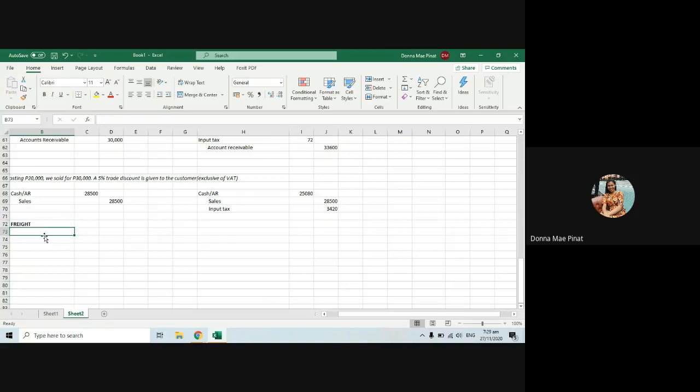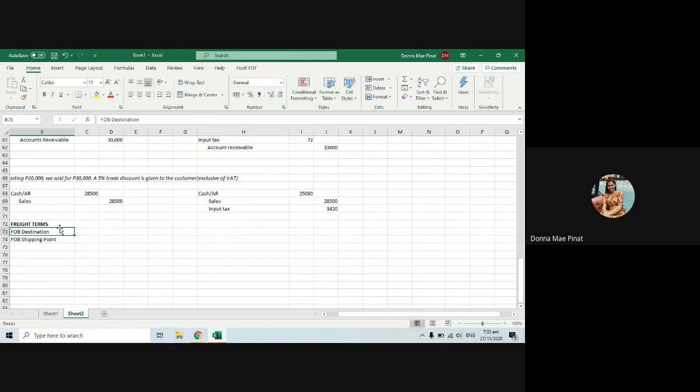Sige, so siguro nakadungog na mo ani before. So we have FOB destination, FOB shipping point. These are called freight terms, guys.